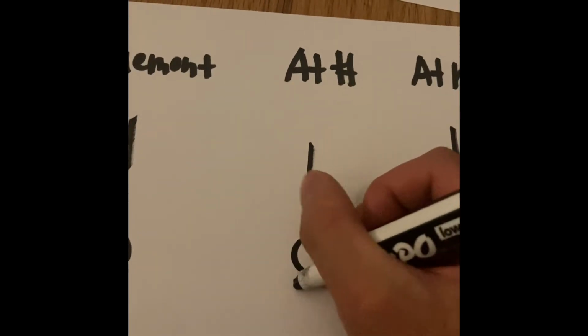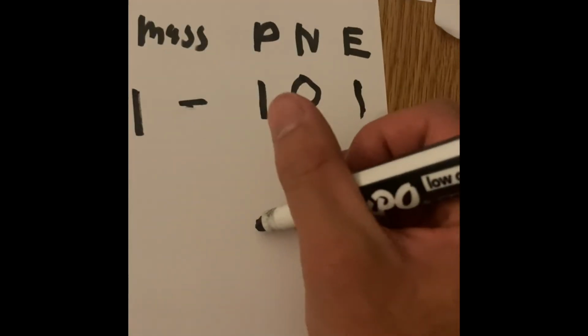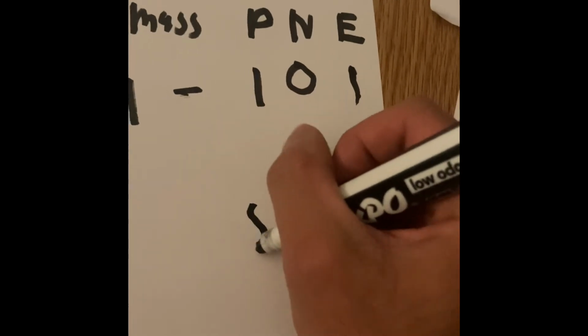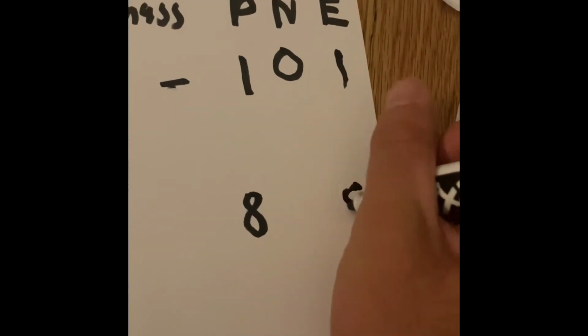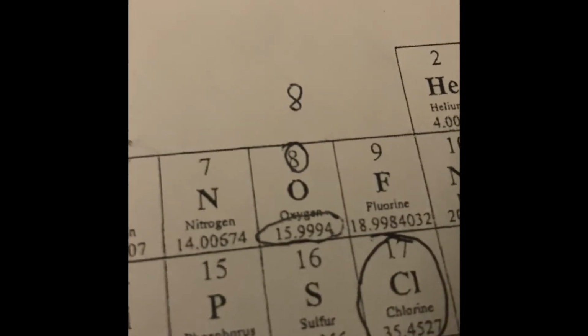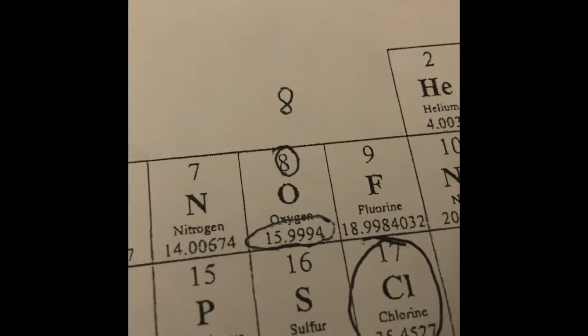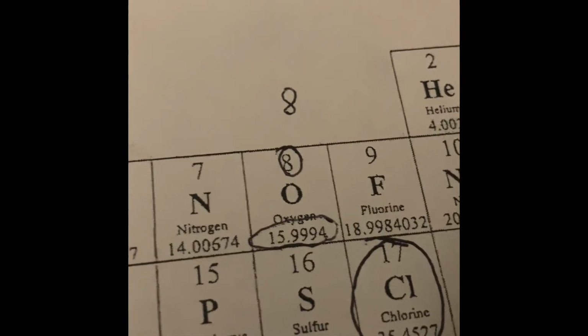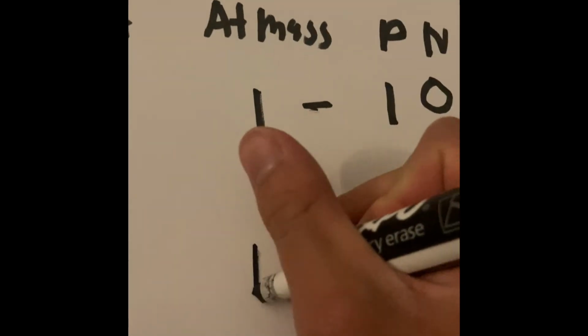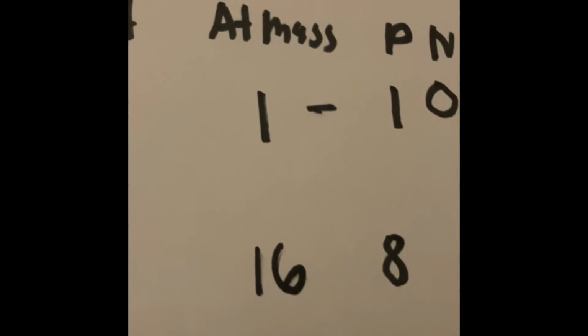So we can understand that oxygen would have 8 protons, and we would also have 8 electrons. What is the atomic mass? If I round it, it would be close to 16. So let's say our atomic mass is 16.